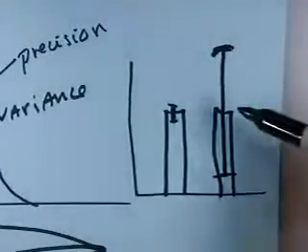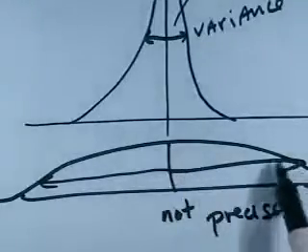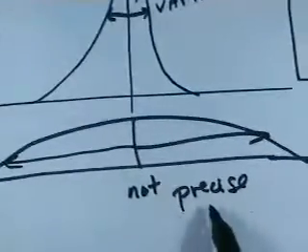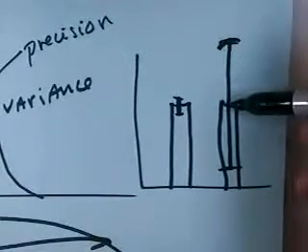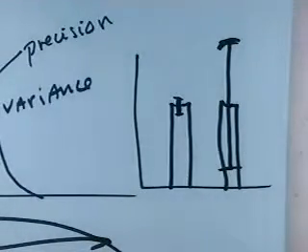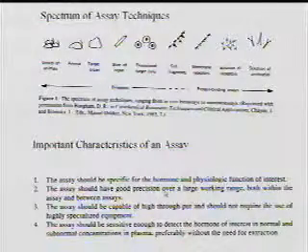So obviously when we look at this, we picture data distributed like this, very widely dispersed around the mean. It is not precise, so this is not a good measurement. So that's basically what we're talking about when we are considering the precision.